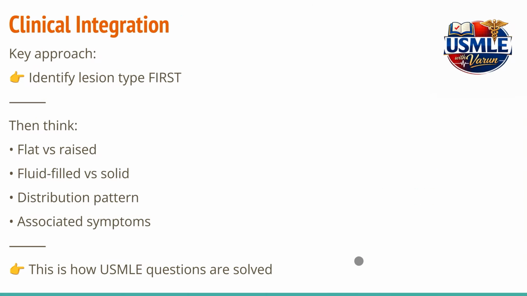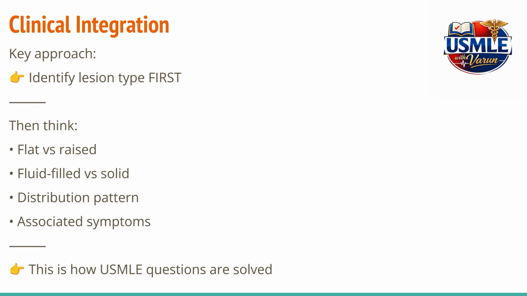Now let's try to clinically integrate all of these. Whenever a patient mentions that they have a lesion, what we do is examination. When we examine it, the first thing that we need to note down is whether it's a flat or a raised lesion. The second thing is we have to identify whether it's fluid filled or solid, in case it's raised.